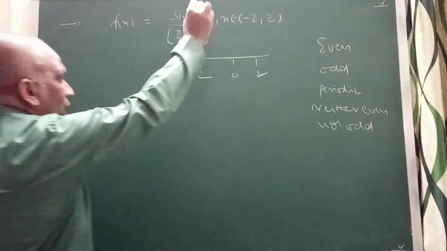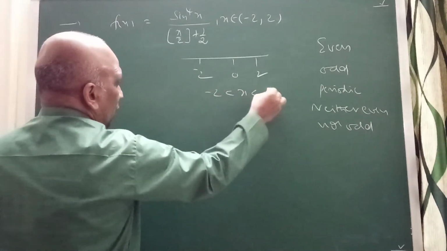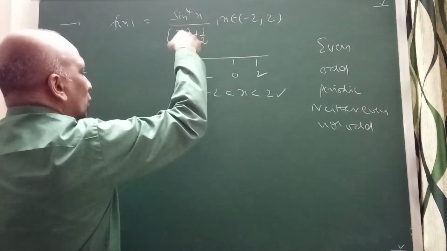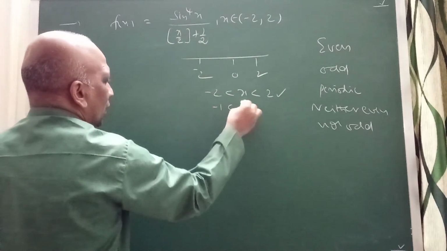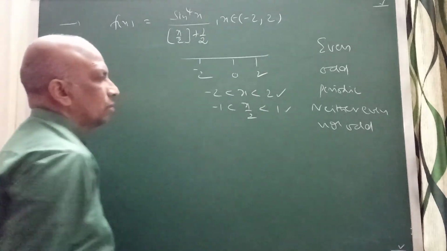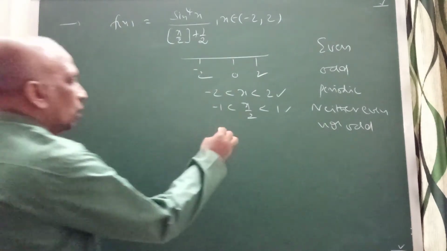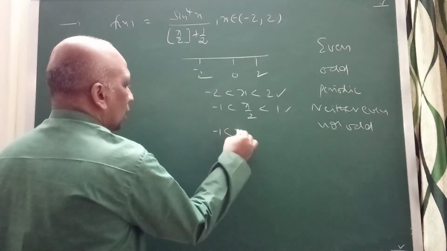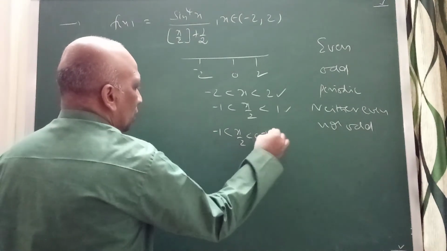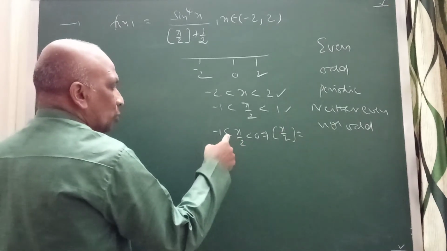That means actually x lies between here. The meaning here, I can write minus 2 less than x less than 2. If I divide by 2, you get minus 1 less than x by 2 less than 1. It will come like this, right? Suppose you take x by 2 between minus 1 and 0, minus 1 less than x by 2 less than 0. In this case, what will step of x by 2 be? If the value of x by 2 is between minus 1 and 0, step of x by 2 will be minus 1.